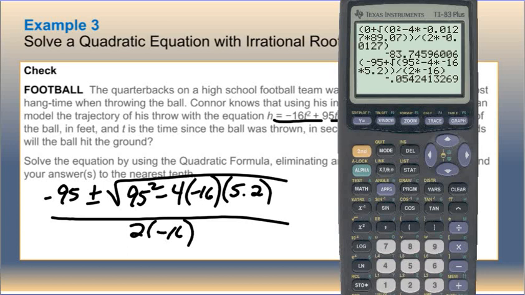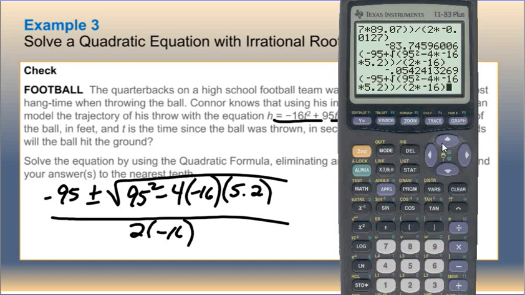So to the nearest tenth, that would be negative 0.1.